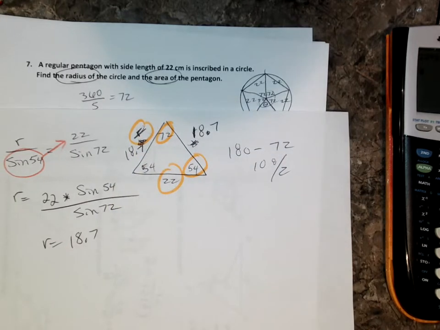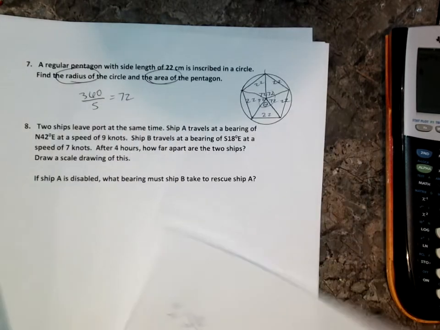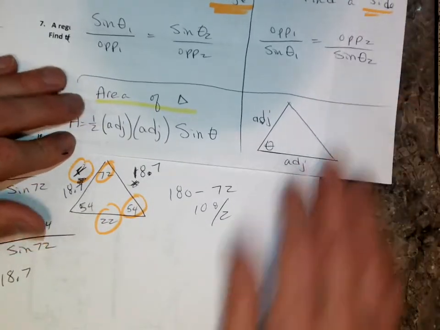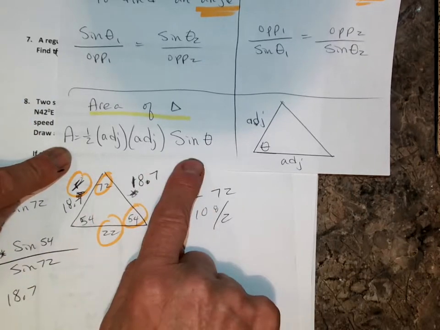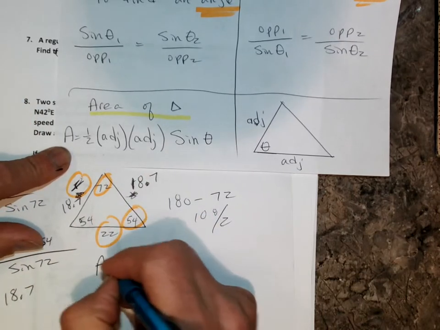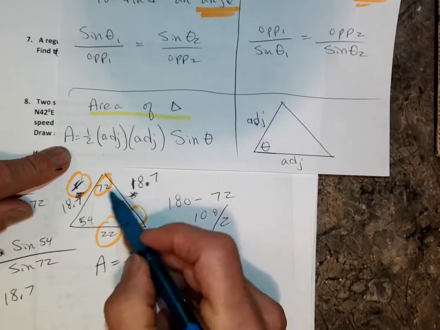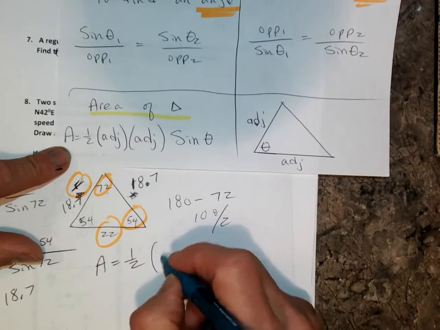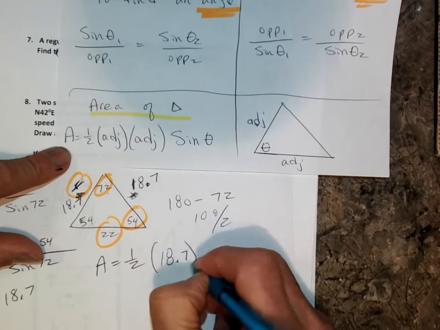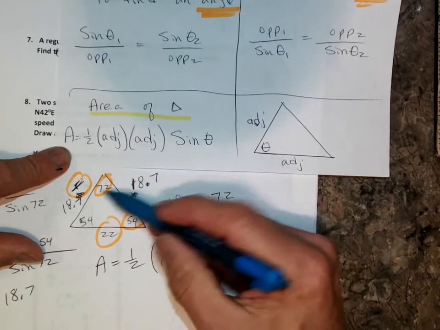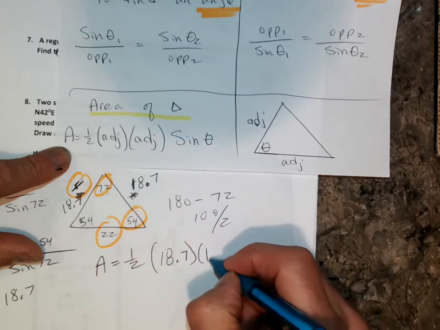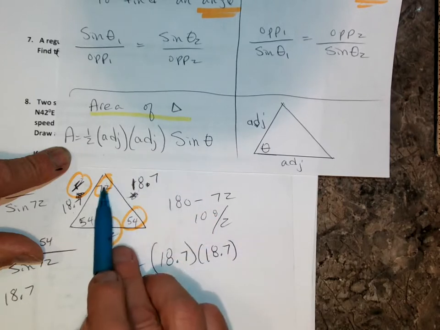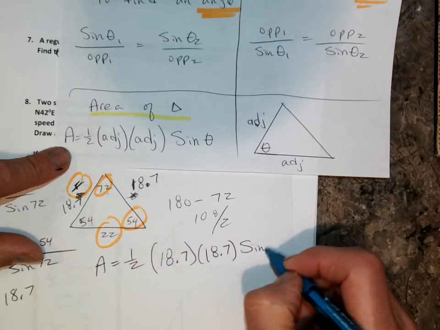Now, if I want to find the area, I've got the area formula right here, okay? Area is going to equal 1/2 the adjacent. So if that's my 72, then my adjacent is 18.7, times my other adjacent, which is also 18.7, times the sine of my angle, the sine of 72.